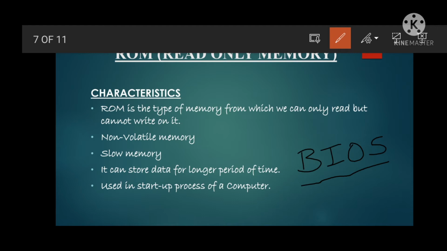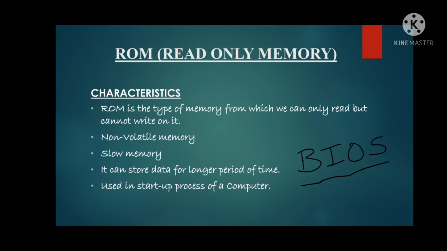So I was talking about BIOS, right? ROM is used for the BIOS, which tells the computer how to start, or for important programs like the firmware of certain devices, which usually does not need to be modified. Firmware is an electronic component with embedded software instructions such as BIOS.